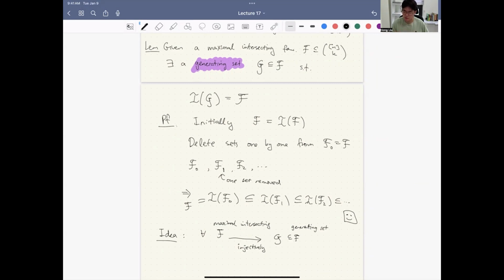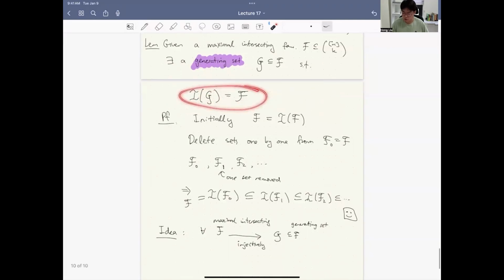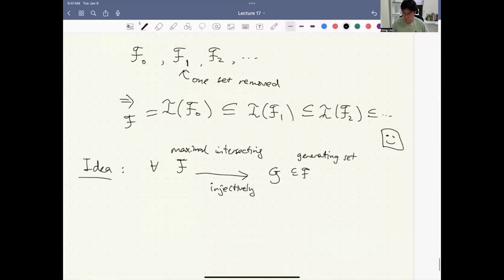Injective is obvious, because by definition, if the generating set generates the family I, it equals F. So if you start with two different F and F prime, their generating sets must be different by definition.